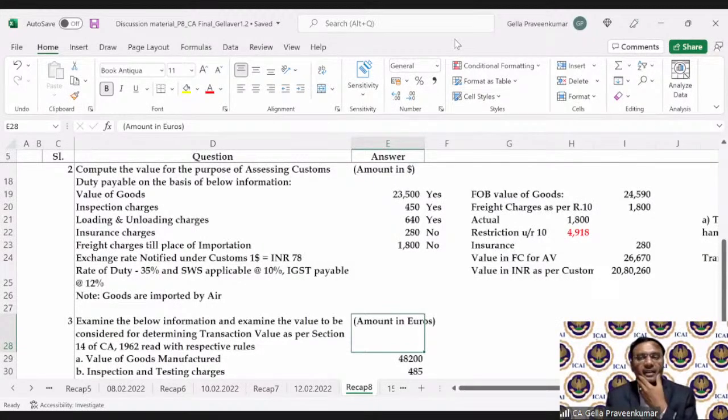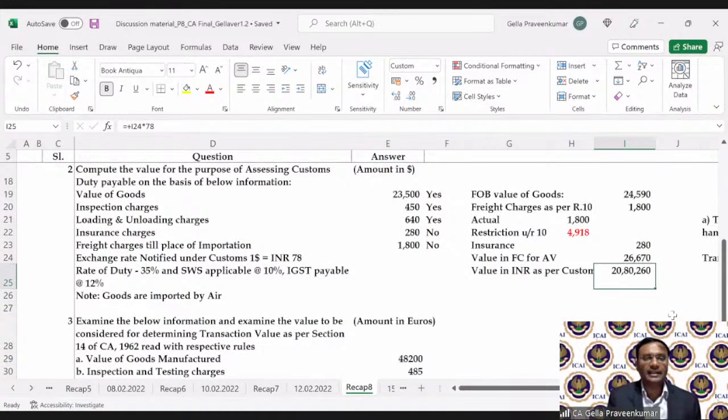In case you have a different answer, please validate your calculation. Conversion rate 78 is given in the problem. Application of 78. Please validate your calculations and confirm.